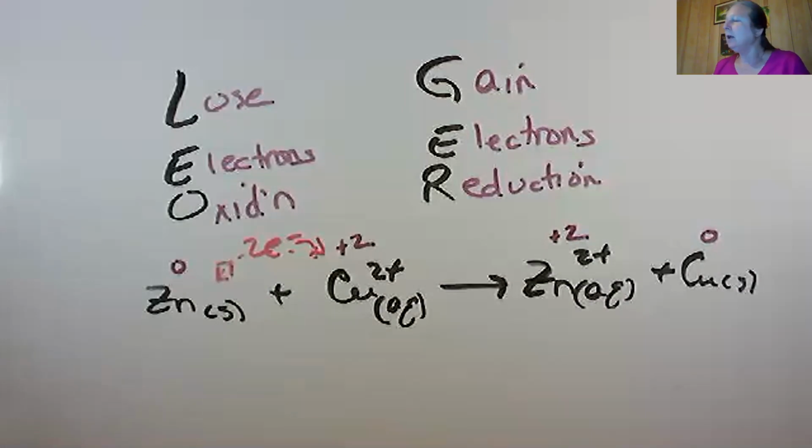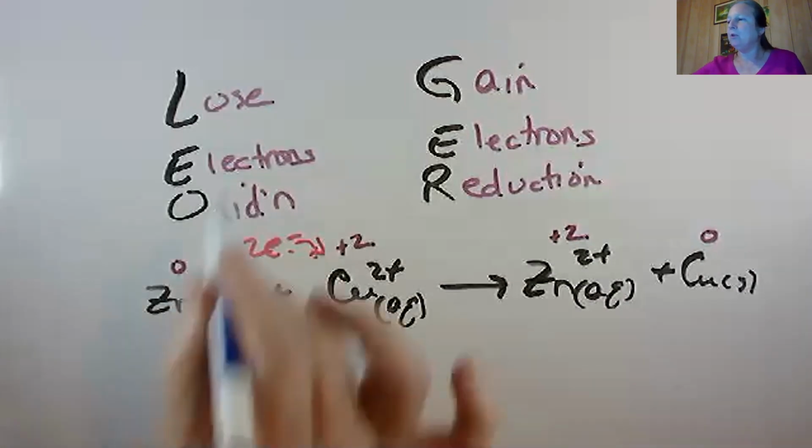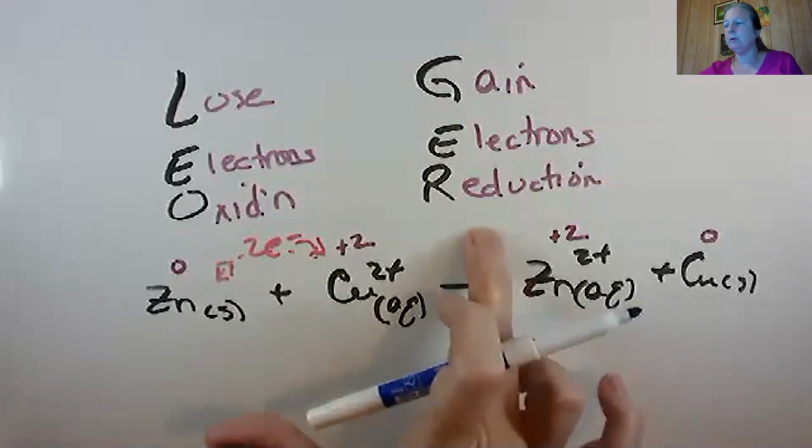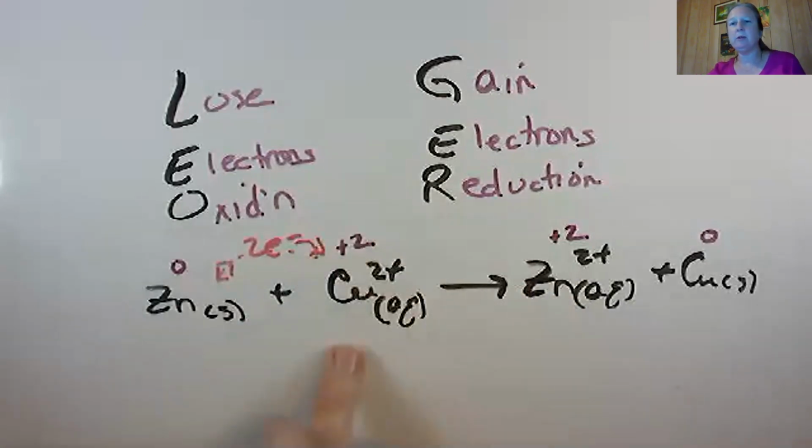So the one that loses electrons is enabling the other reactant to be reduced. By losing these, he's enabled the other reactant to gain electrons, right? Makes sense. This one loses it, this one has to gain it.